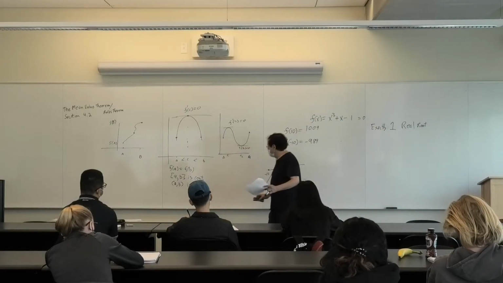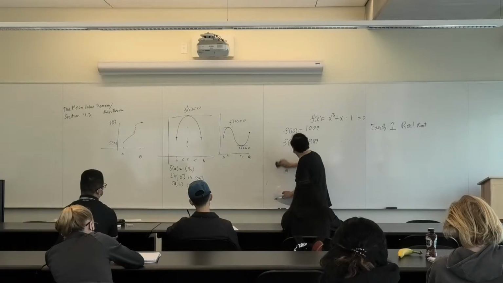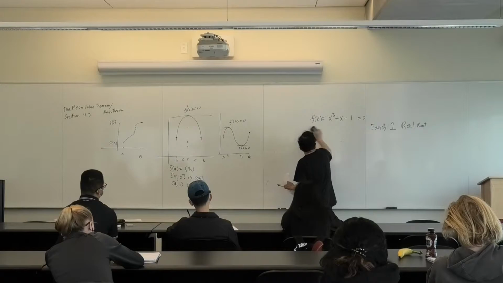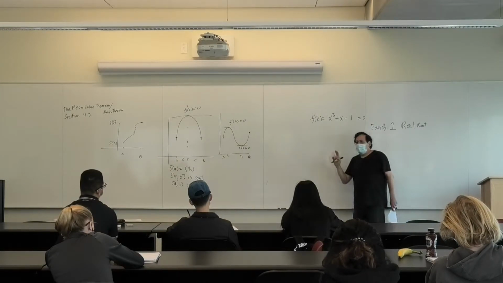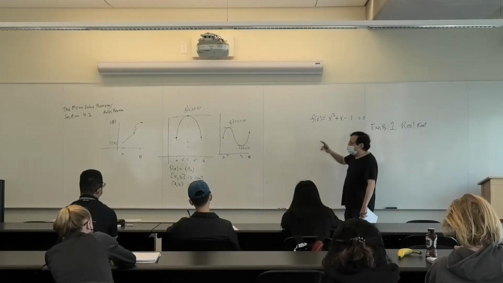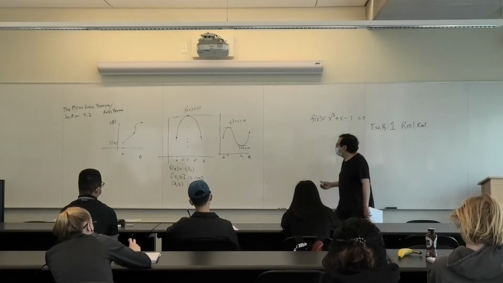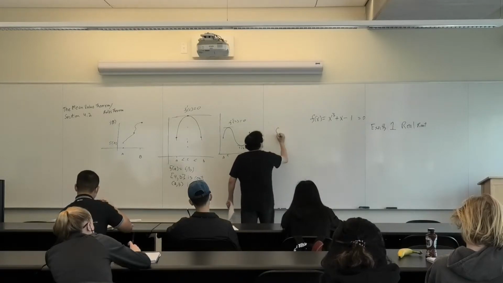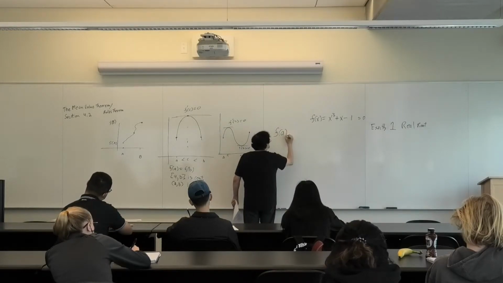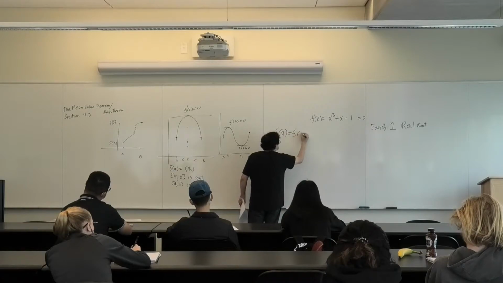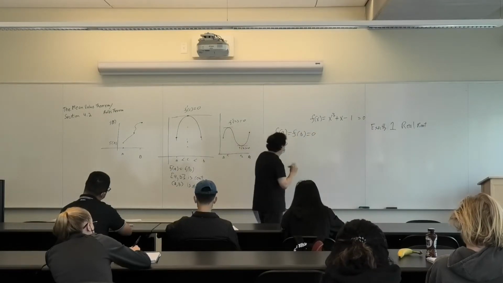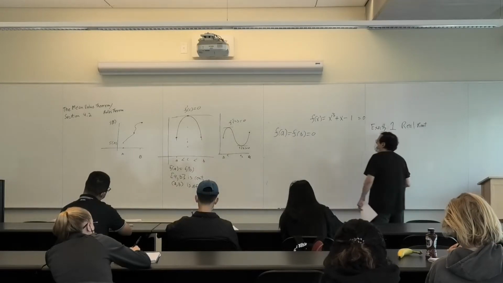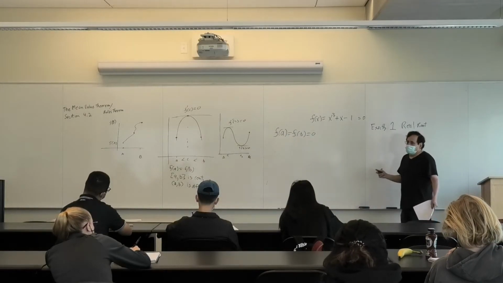Now I told you this had something to do with Rolle's theorem, right? So we better get Rolle's theorem here. Suppose this has two roots. We're going to just call them A and B. More than one root.